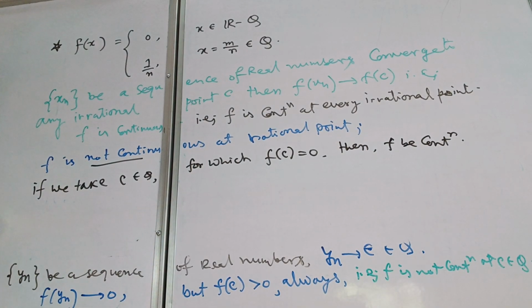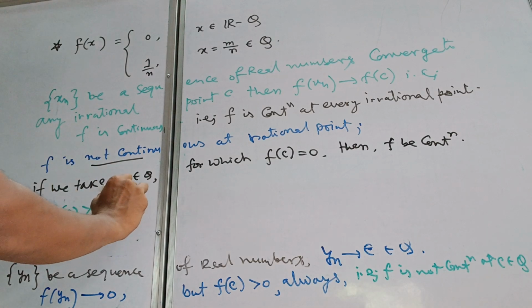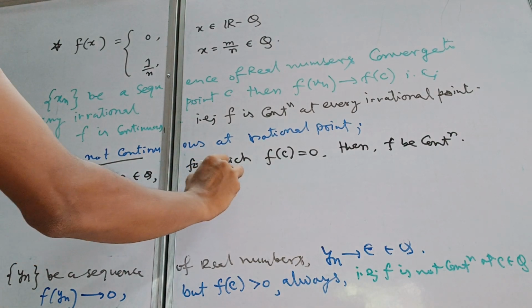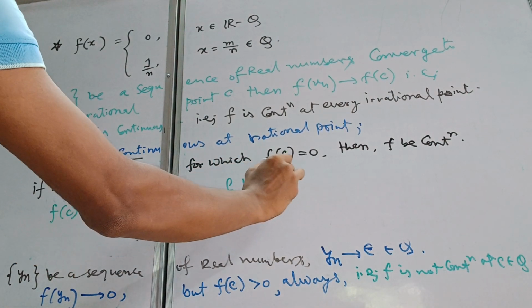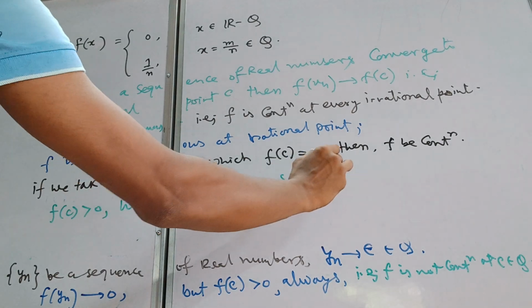If c is not equal to 0, then f of c is always greater than 0. So we call it f has simple discontinuity.